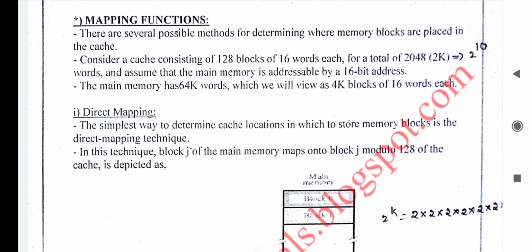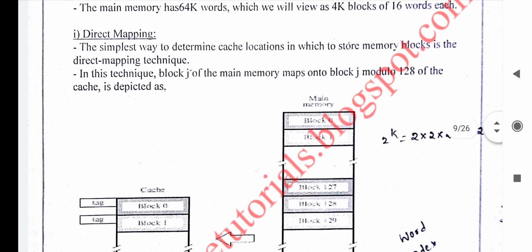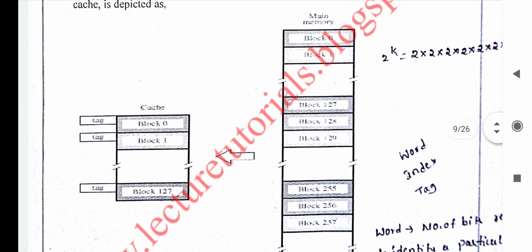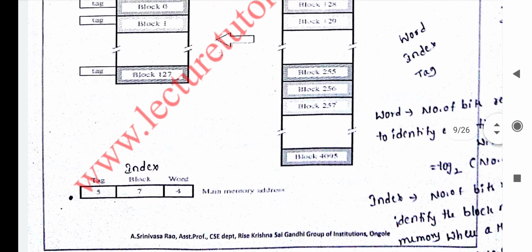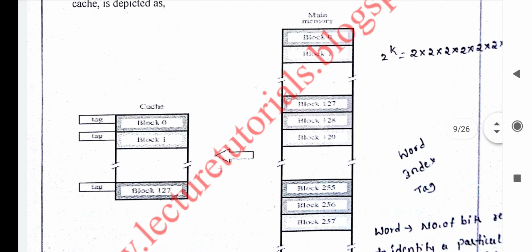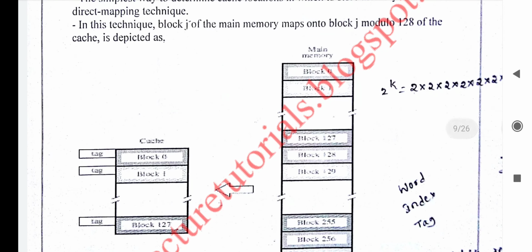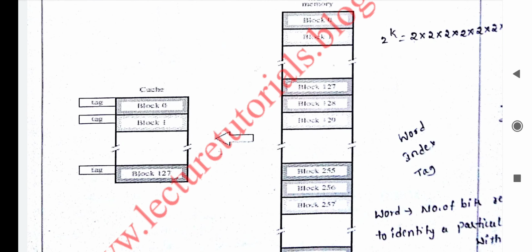In this technique, block J of the main memory maps onto block J modulo 128 of the cache. See here, this is main memory and this is cache memory. We have block 1, block 2, block 3, like that.